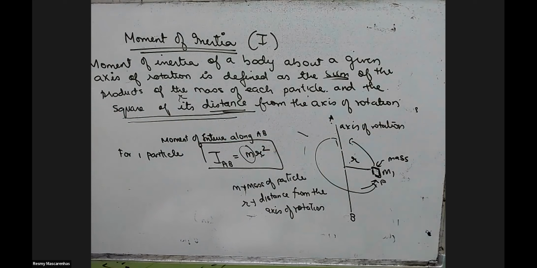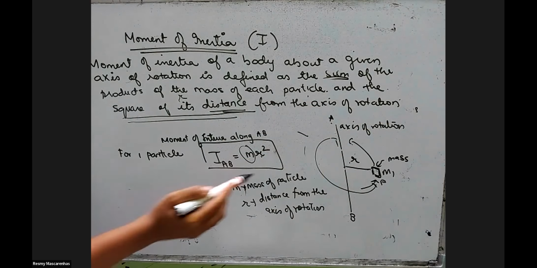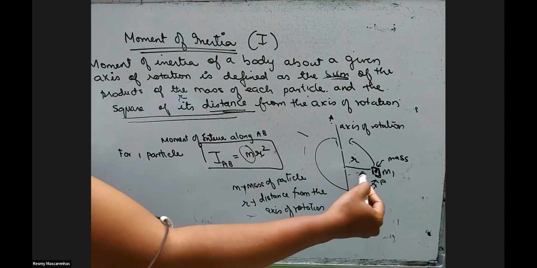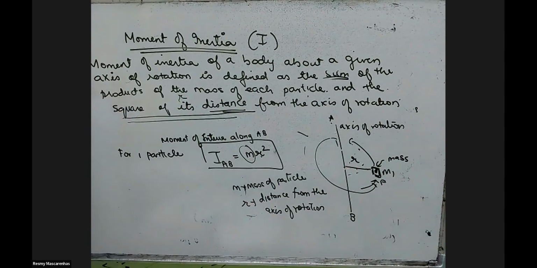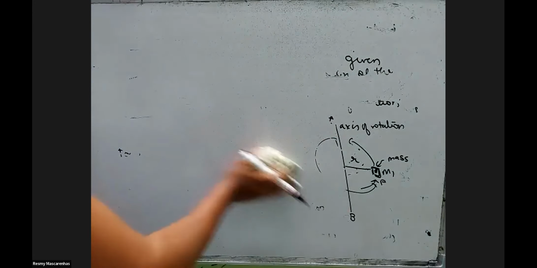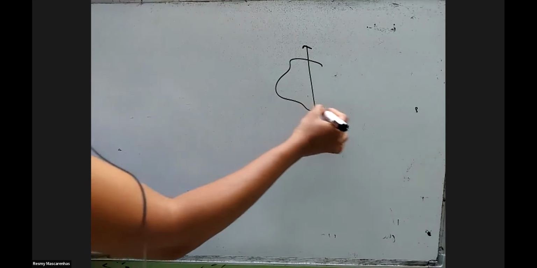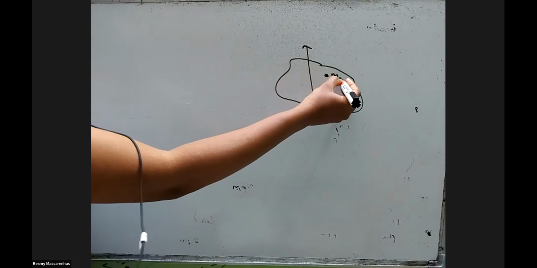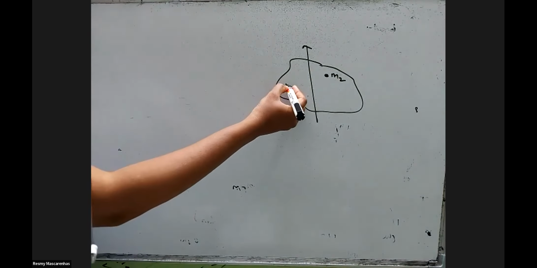Now imagine we have many particles. This is, at the wing of the fan, only one point. Imagine the whole wing, we consider many points. So now the actual formula I'll give is for a system of all the particles. So this is the axis of rotation. Suppose this is the body which is rotating along this, different masses are there, m1, then you can consider m2.